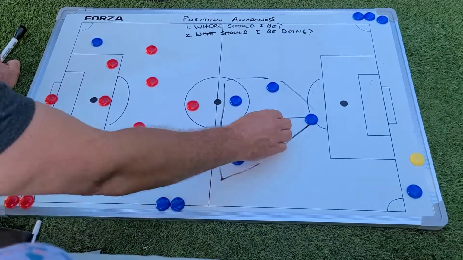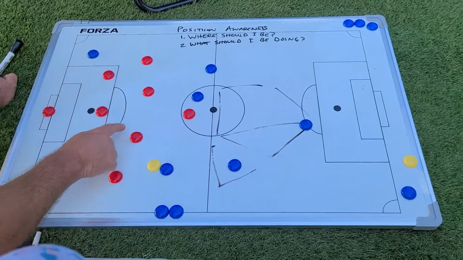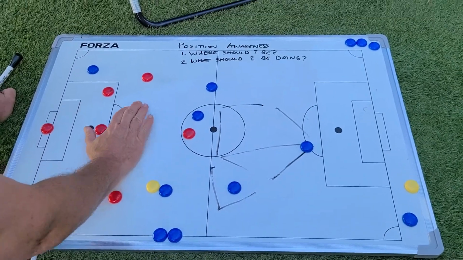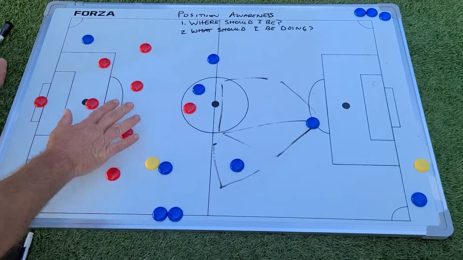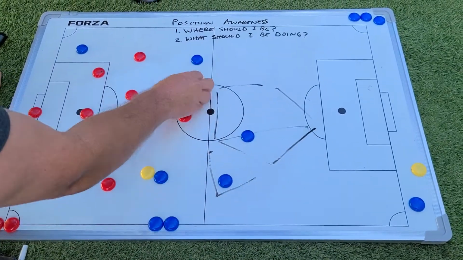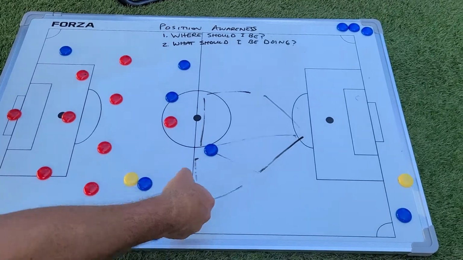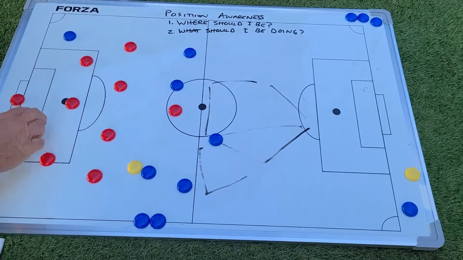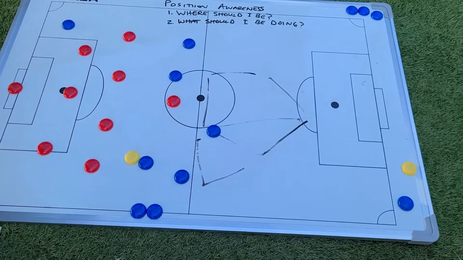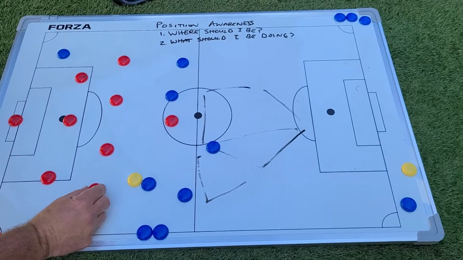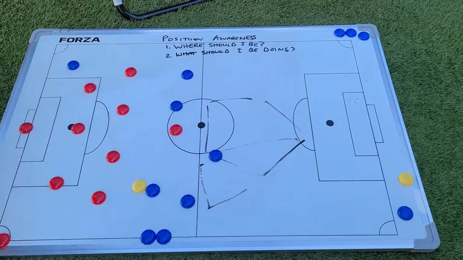So if we're on defense, we now have the extra winger and the midfielders coming back to support and clog up the attack. So where should I be? If I'm a winger, I need to be coming back and getting into our basic shape, the 3-4-1 shape on defense. And I should be starting to close up space in the middle.